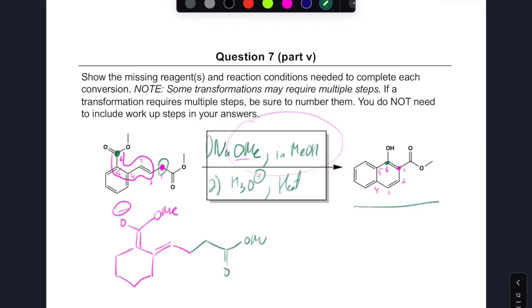Where pink center is right here, green center is right there, and let me just designate this red center is this red center right here.